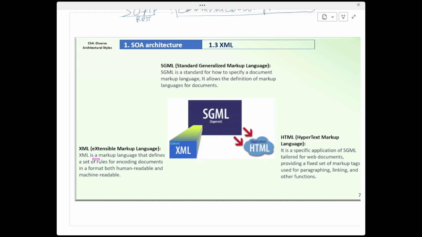So XML is a markup language that defines a set of rules for encoding documents in a format both human readable and machine readable. So the machine and the human can understand the XML language. Not like HTML.